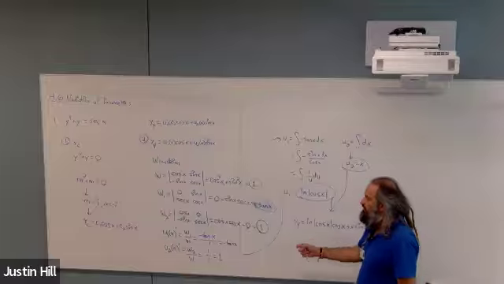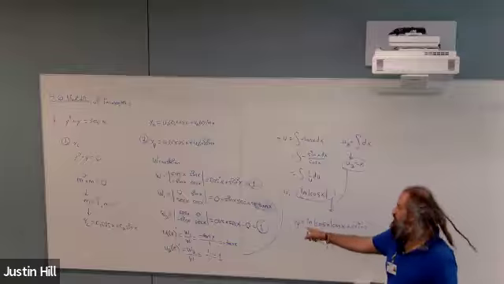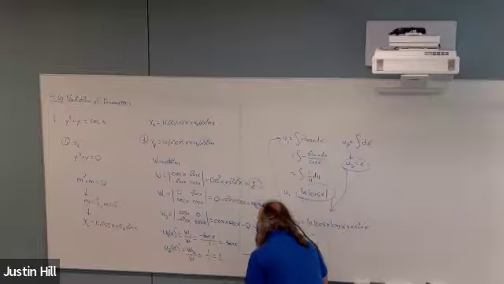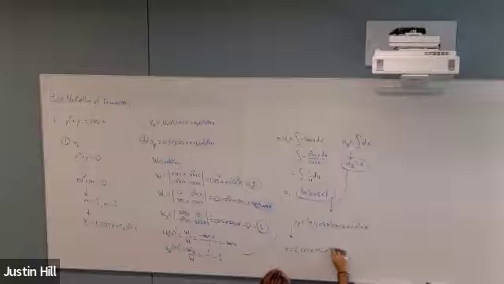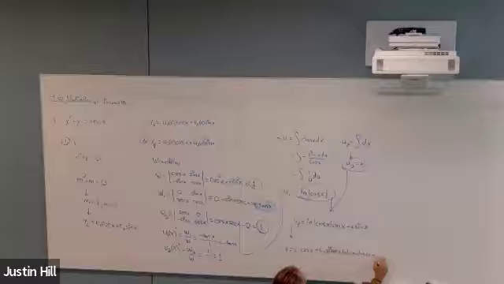And then just like before, our overall solution is yc plus yp, the complementary solution plus the particular solution. So our overall solution is c1 cosine x plus c2 sine x, plus our particular solution, natural log of cosine x plus x sine of x.